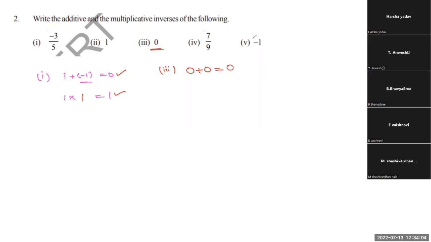Does the additive inverse of 0 exist? Yes, it does not exist, if you are asking about the natural numbers. Understand my concept clearly. 0 is a whole number. But when you try to write the additive inverse for natural numbers, it will not exist.